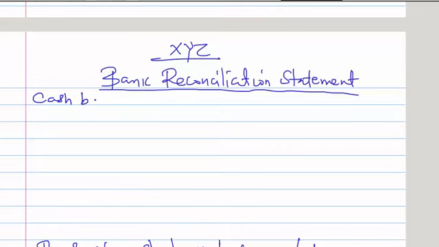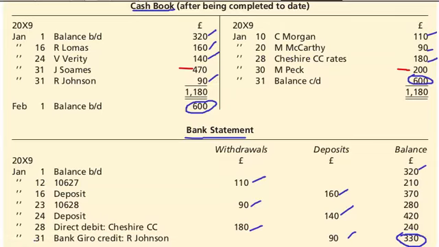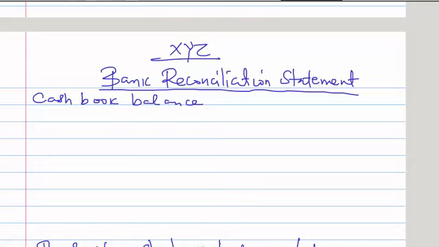The cash book balance was 600, so I will pick that 600 and say cash book balance 600, and then you need to make those adjustments.